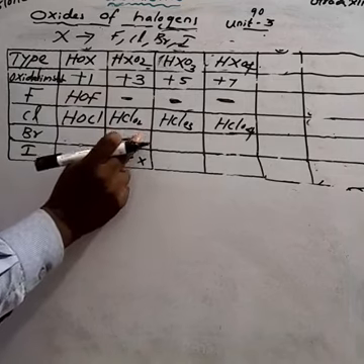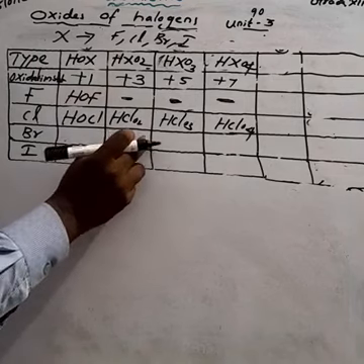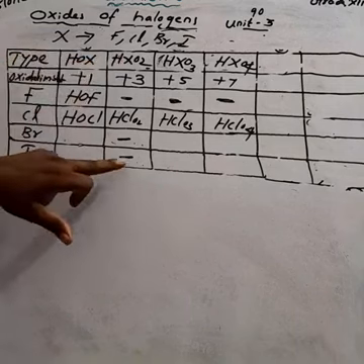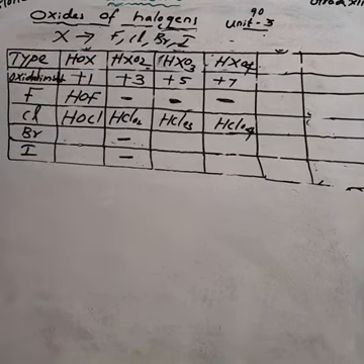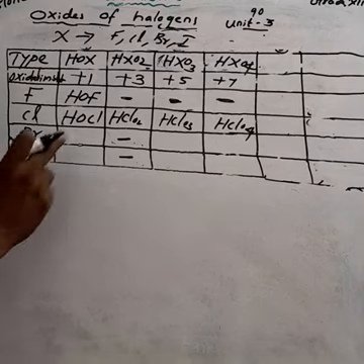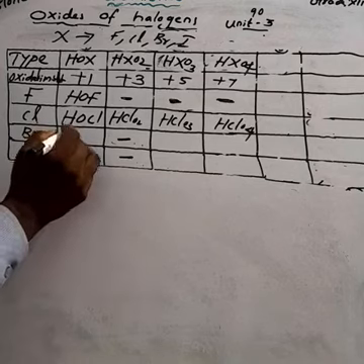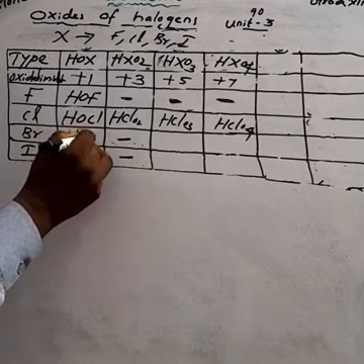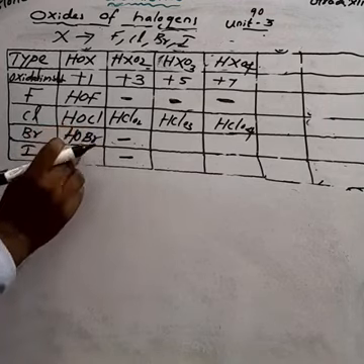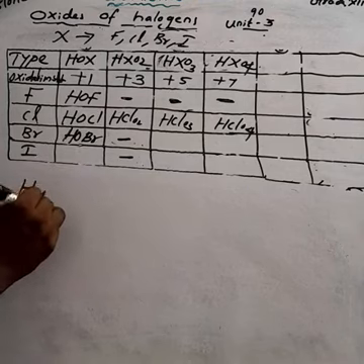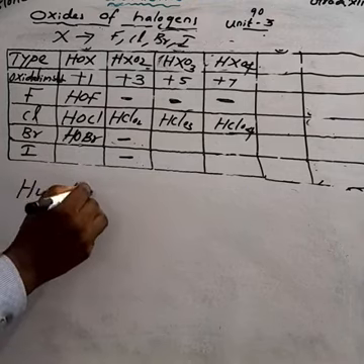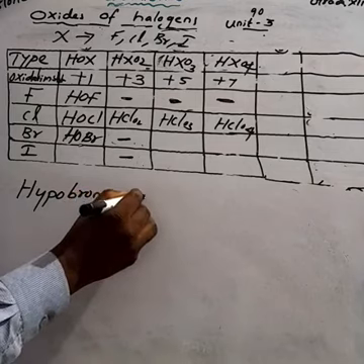First, for bromine, the HOX type is HOBr. The name of the compound is hypobromous acid.